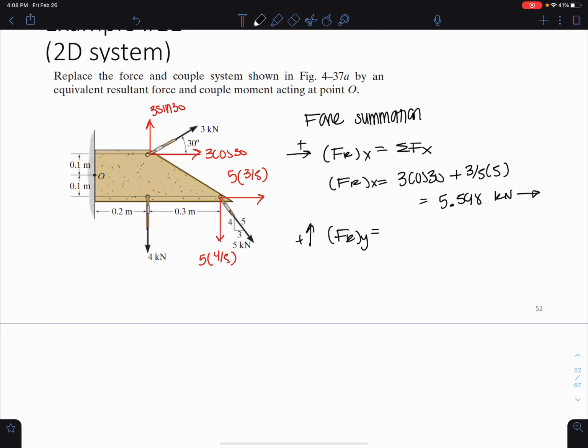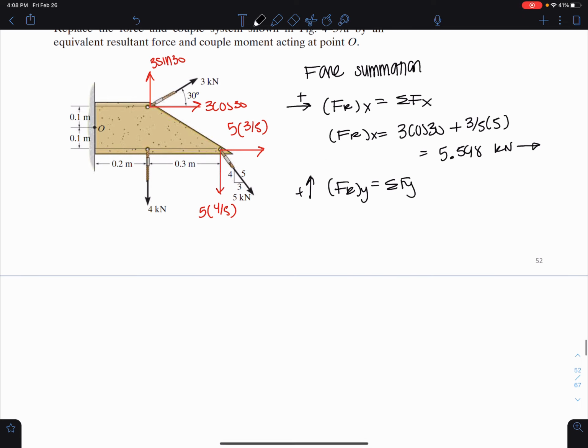And FR in the y is equal to the sum of all forces in the y direction. And here we just basically have 3 sine 30 minus 5 times 4 over 5 minus 4, and we end up getting negative 6.50 kilonewtons in the downward direction.